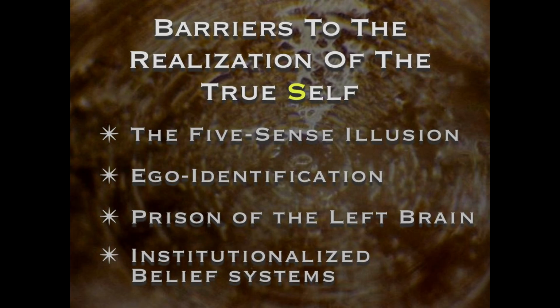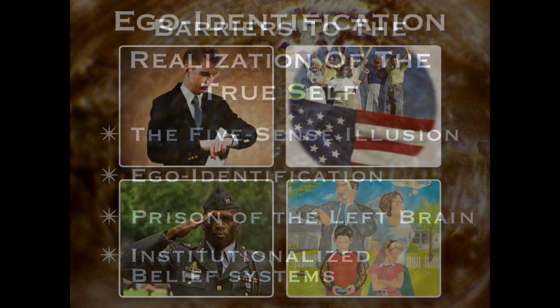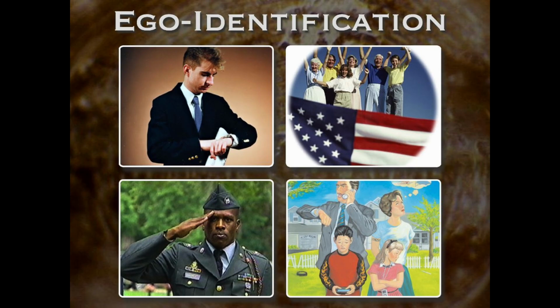And we can get attached to desires that really have nothing to do with our true betterment, that have nothing to do with reality, that have nothing to do with natural law, but are all rooted in what we're going to talk about tonight as the second barrier to self-realization, which is the ego, which is ego identification and attachment to that level of consciousness.